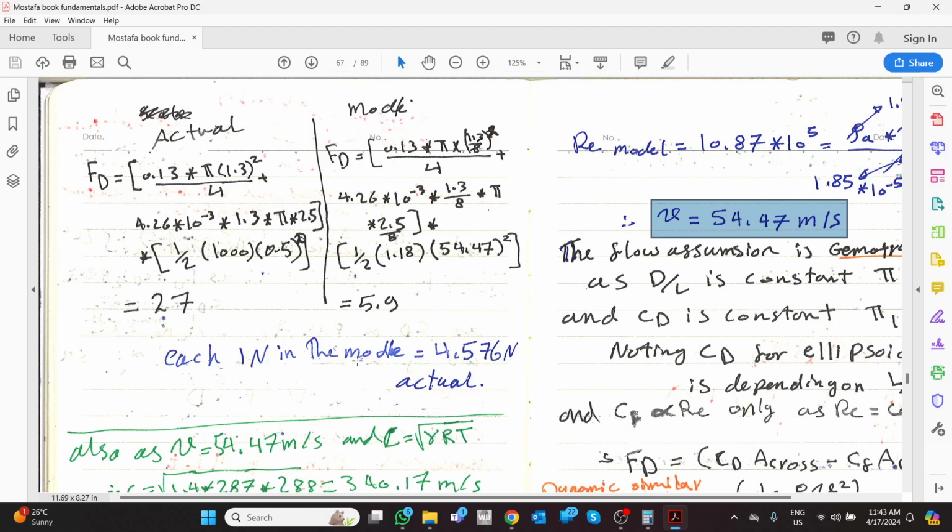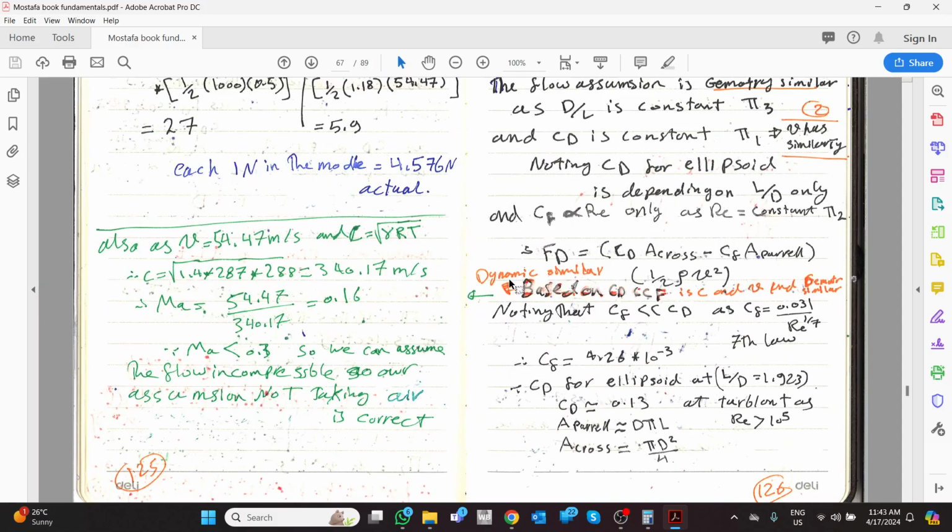Each 1 Newton in the model will represent 4.5 times that Newton in the actual case. So if I put a spring, or something to measure the force, whatever I measure multiplied by this number will be the actual force acting on the submarine.